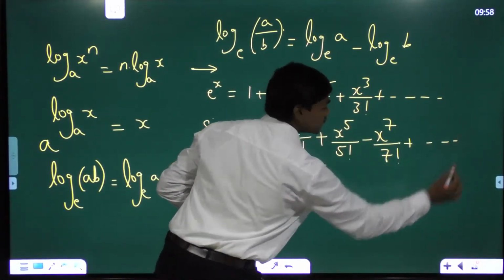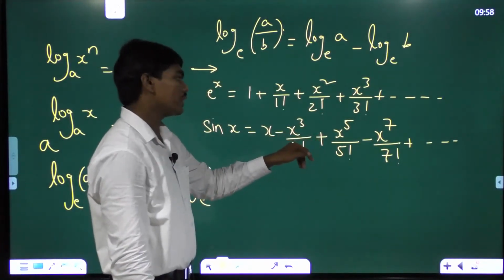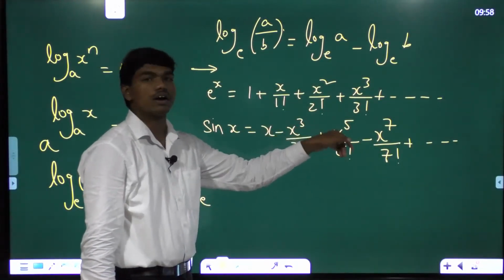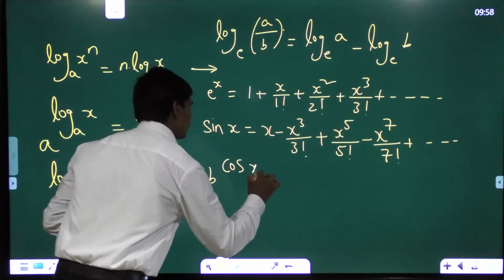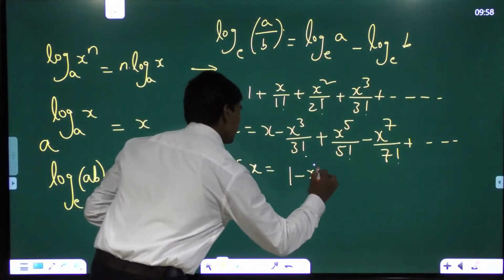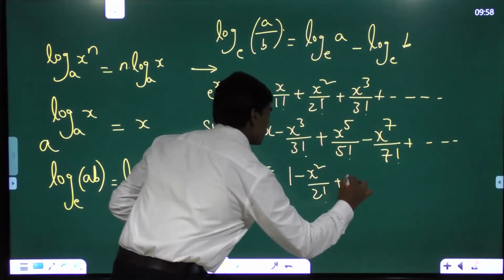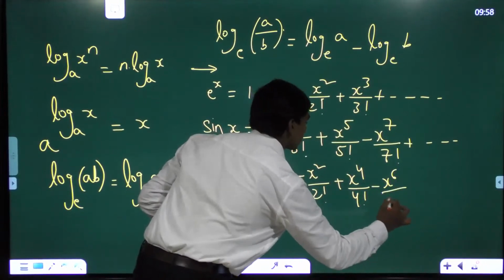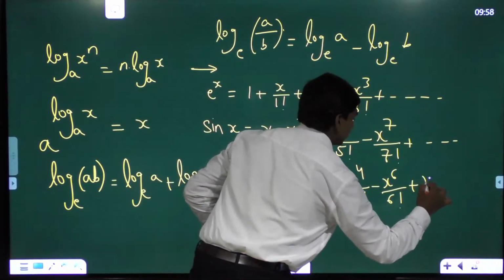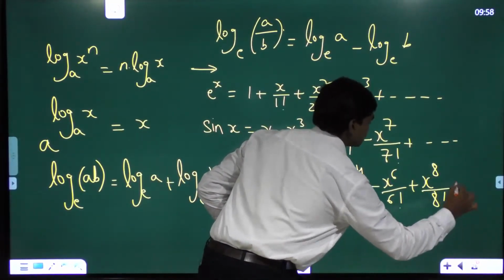It's basically coefficients involving odd factorials and odd powers with alternating plus and minus signs. Similarly, cos x is 1 minus x square by 2 factorial plus x power 4 by 4 factorial minus x power 6 by 6 factorial plus x power 8 by 8 factorial and so on.